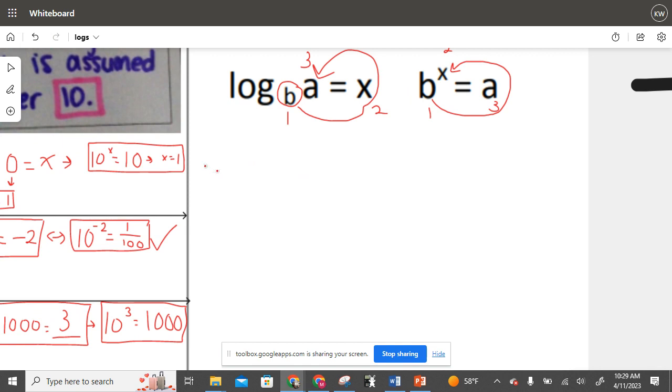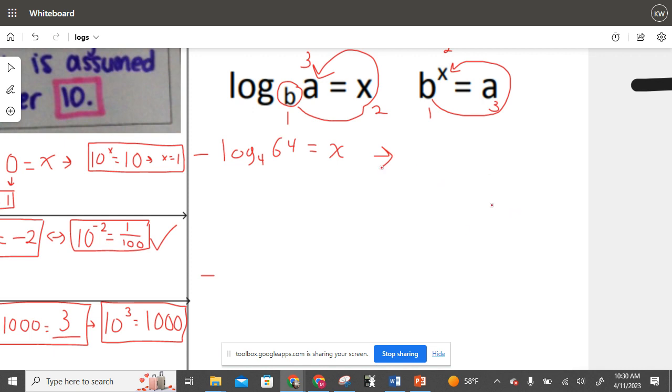All right. I'm going to give you a log and I'm going to give you an exponential. First up, we have log base 4 of 64 equals x. I want you to turn this into exponential form.